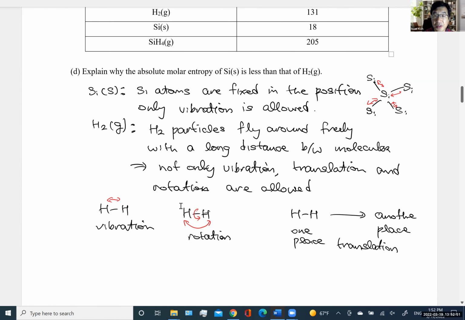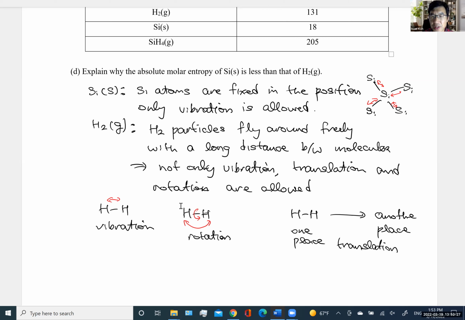Silicon is in the solid state, meaning silicon forms a network with other silicon atoms, and because it is solid, there is a very strong restriction of its movement. Silicon atoms are fixed and locked in position. Only vibration is allowed. Silicon is vibrating a little bit, but it cannot move and it cannot rotate. Only a small amount of vibration is allowed for silicon. So the freedom of motion is very limited.